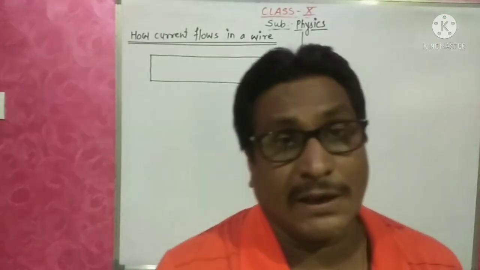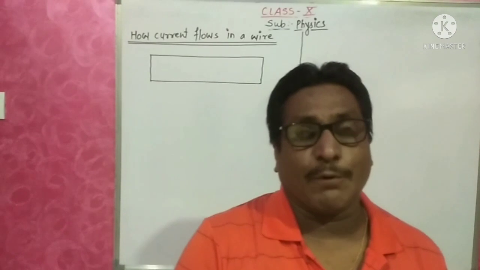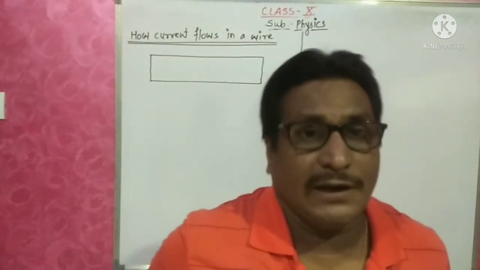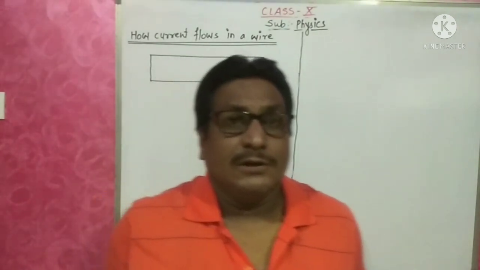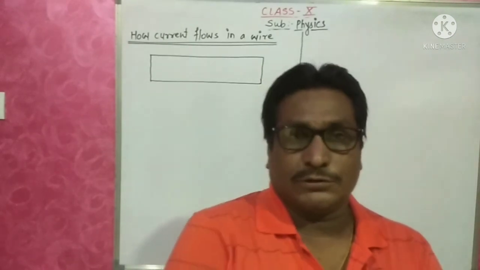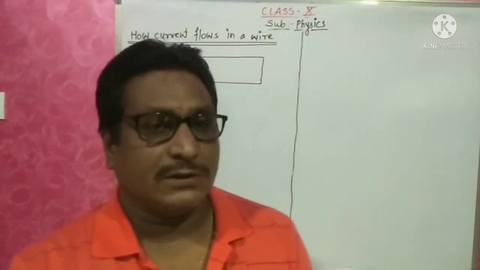And we studied in chemistry that each and every material or matter is made up of atoms. An atom consists of electrons, protons and neutrons. Of these, protons and electrons are very important.